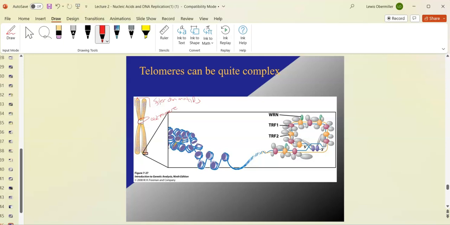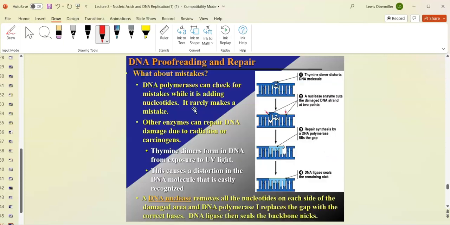That's the end part. And then here's that 20 nanometer chromatin packaging that we talked about when we were talking about histones. So this is the telomere here, and you can see that there's lots of proteins involved in this, WRN, TRF1, TRF2, that help protect the end of the chromosome from degrading from nucleases and other things. So the telomeres are quite complex.